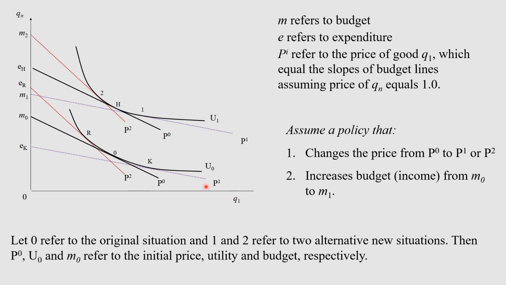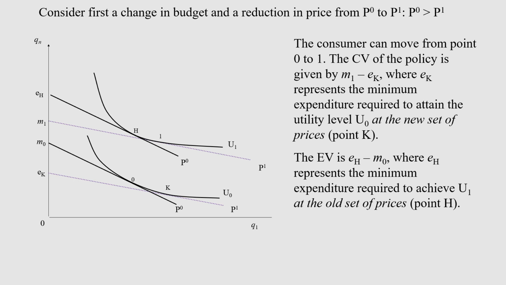So let's look at this in a bit more detail. Okay, so let's first consider the change in budget and a reduction in price from P0 to P1. So the consumer can move from point 0 to point 1.